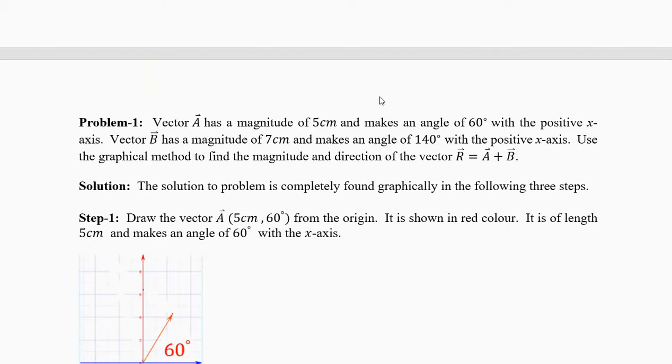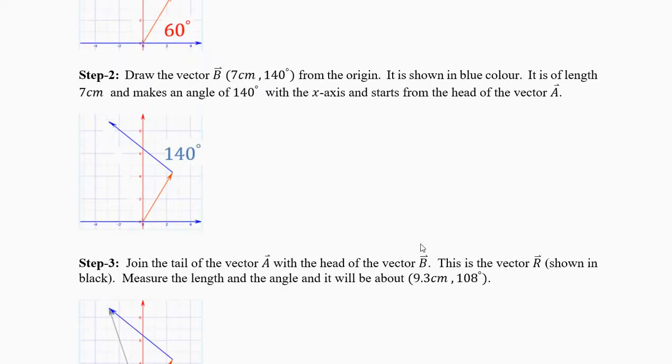So in your answer, if you write 9.3, it is fine. But if you write 108.5, straight away you will get 0, because with your protractor, you cannot get 0.5 degrees. That means you do not understand the thing or you cheated from the internet or from your calculator.